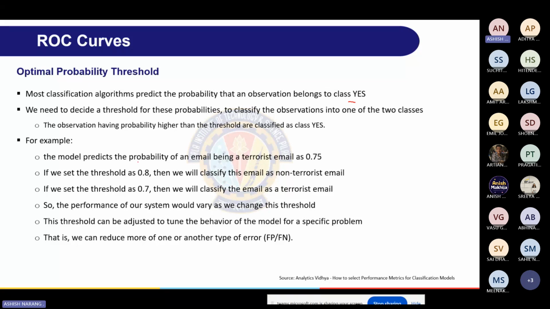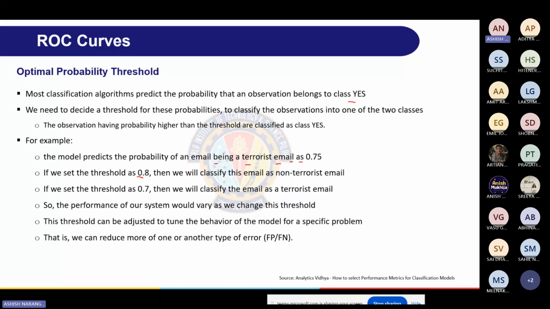For instance, the model predicts the probability of an email being a terrorist email as 0.75. If I set the threshold to 0.8, then 0.75 is less than 0.8, so the model will classify it as a non-terrorist email. I'll use the term threshold probability: if it is greater than a certain threshold probability, we classify it one way, otherwise as a terrorist email.